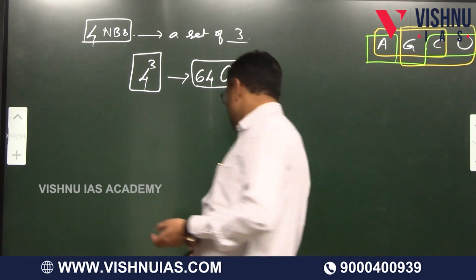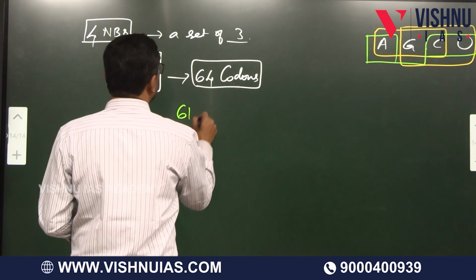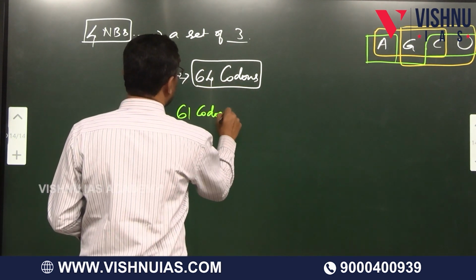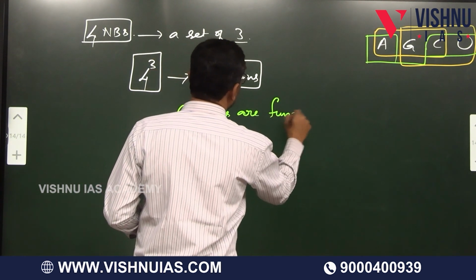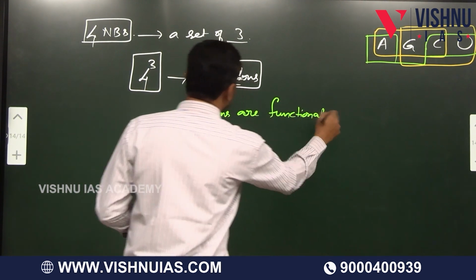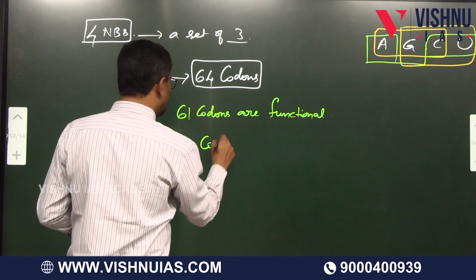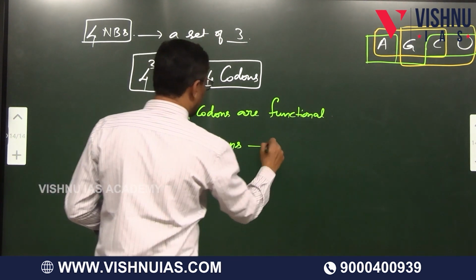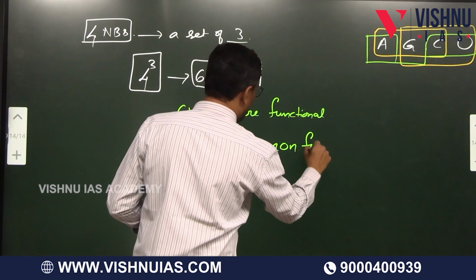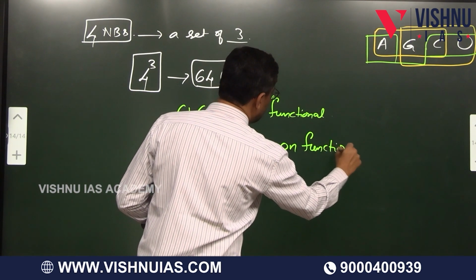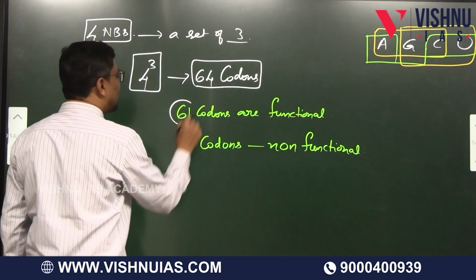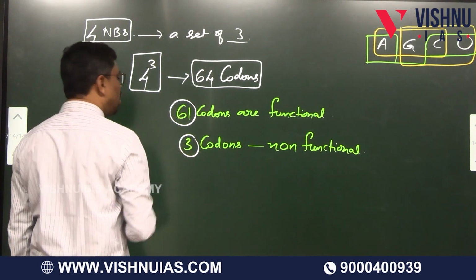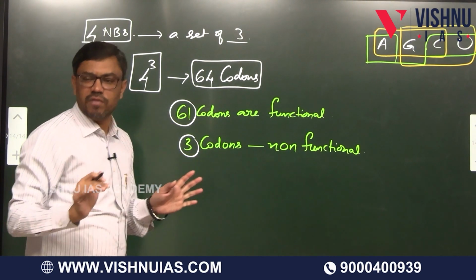Okay. Among these 64 codons, 61 codons are functional. These points you have to remember. 61 codons are functional, and 3 codons are non-functional. Means what? These 61 codons will carry the information, and the remaining 3 codons do not carry any information.